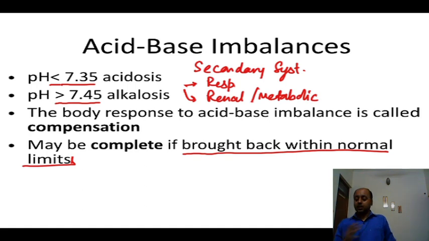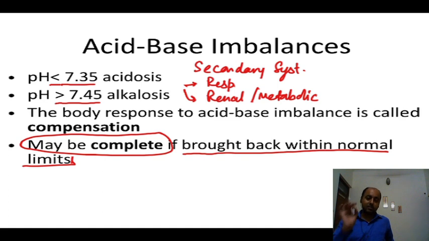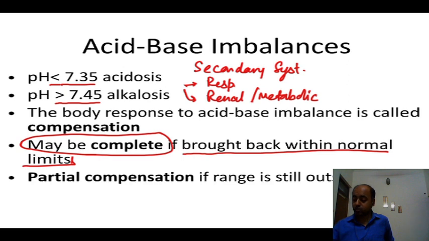In this case, we say that the compensation is complete, but this is rare. More commonly, what you see is partial compensation. The body tries to correct the imbalance, it is able to correct it to some extent, but the range is still outside the normal value. So this is partial compensation. More commonly, you will get to see partial compensation in the clinical scenario. Complete compensation is rare.